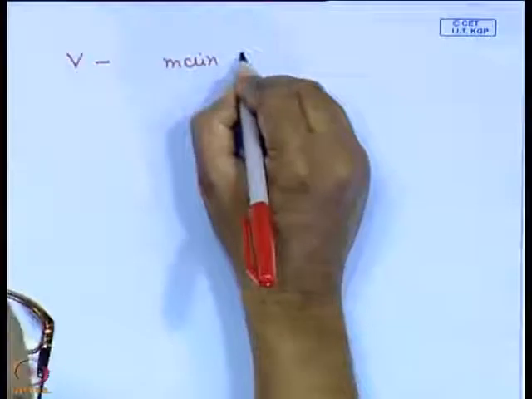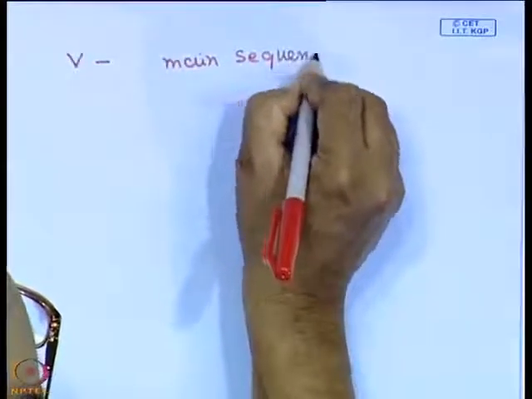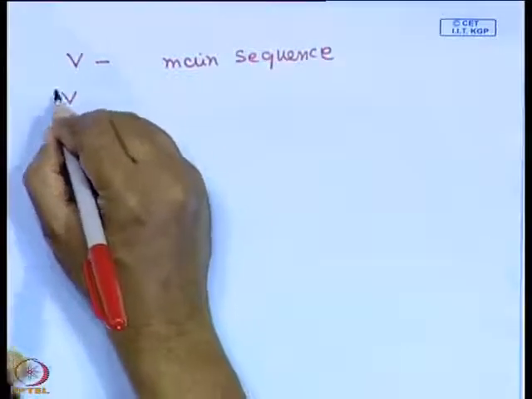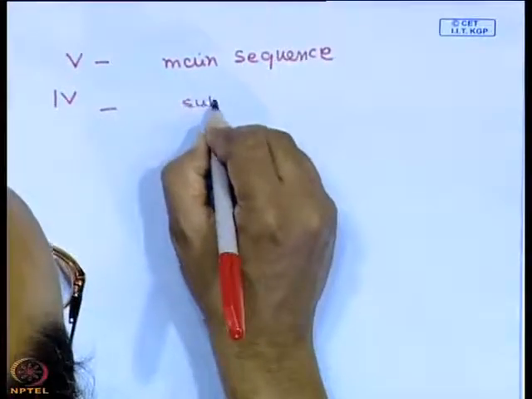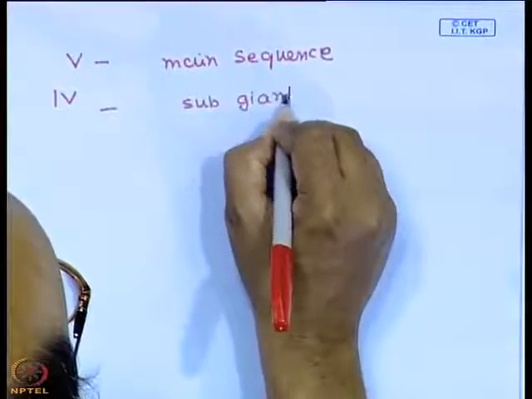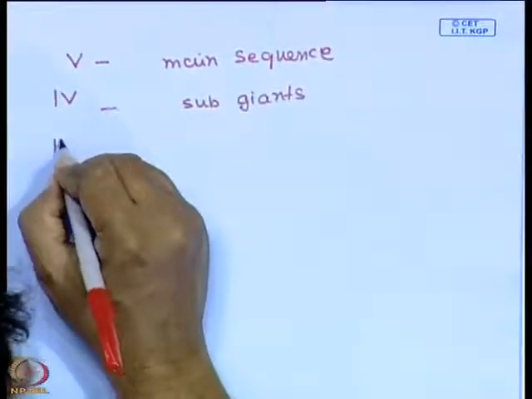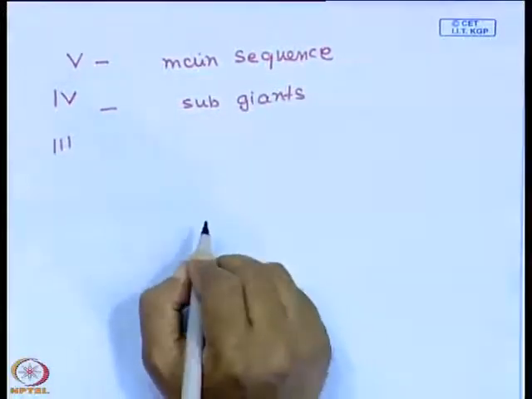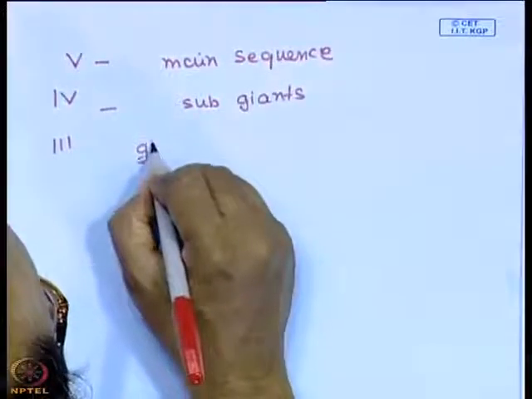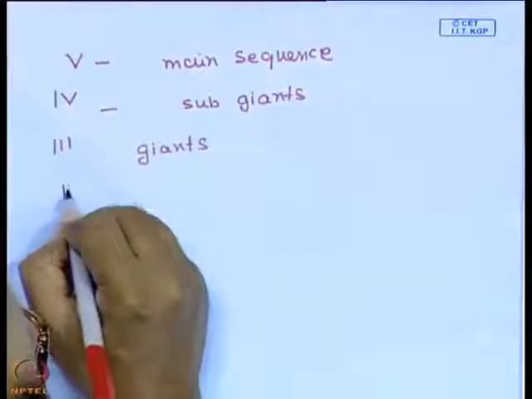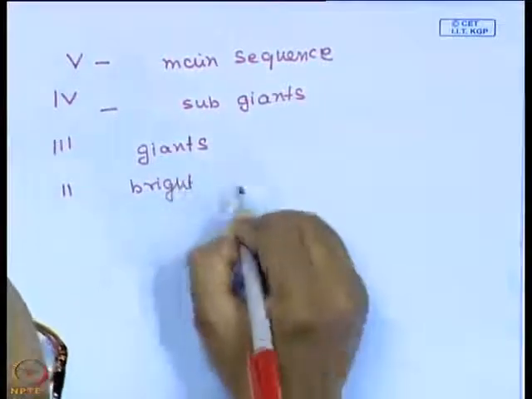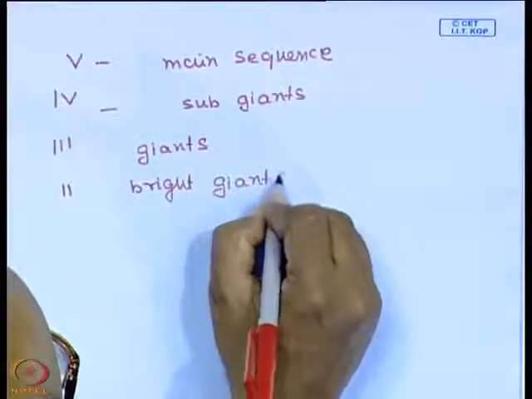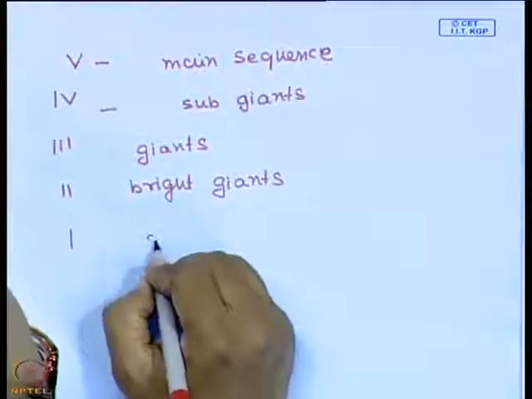Class 5 are the main sequence, class 4 are the subgiants, class 3 are the giants, class 2 are the bright giants, and class 1 are the supergiants.